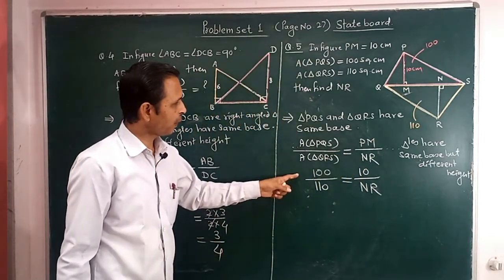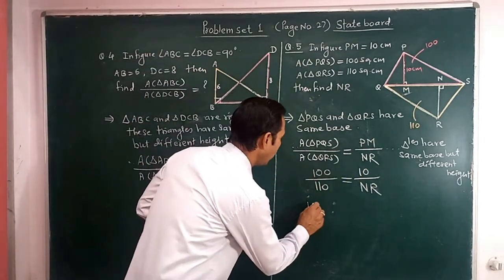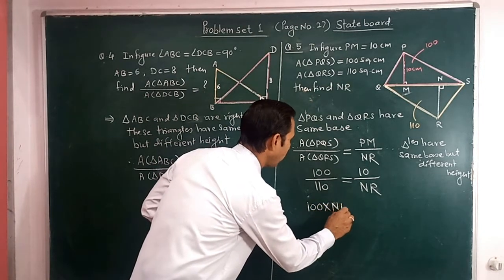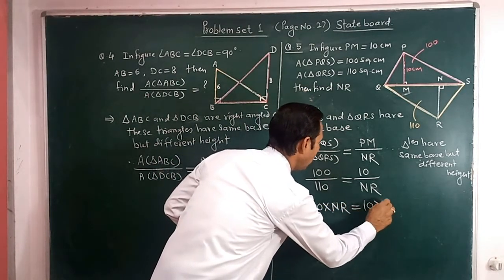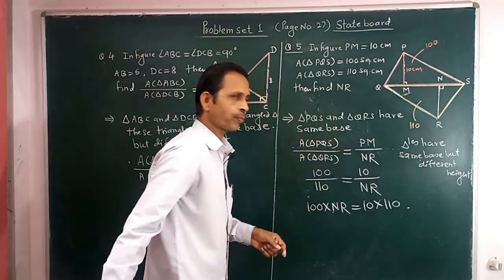Now cross multiply: 100 into NR is equal to 10 into 110.